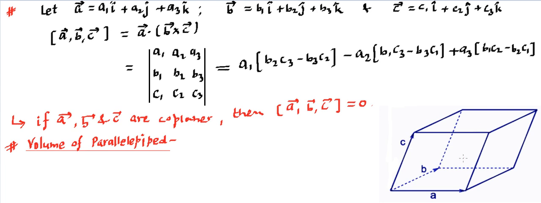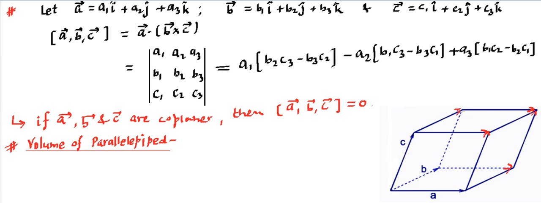So this entire figure can be constructed by using these three vectors, because you can see if you draw this vector, it is basically parallel to A. So this is vector A, this is also vector A, and this is also vector A. So we have used four vectors A. Similarly, this is going to be B, this vector is B, this vector is B, so four B vectors, and similarly these four C vectors are going to be involved.